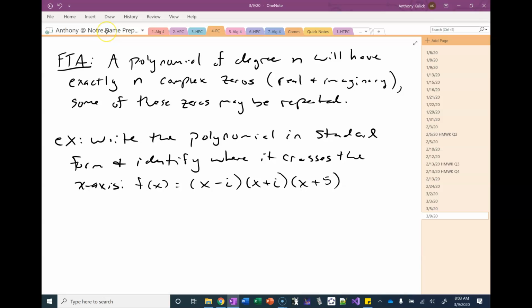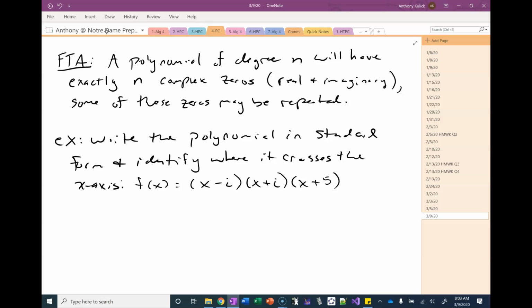Okay, so let's look at this example. Here we're going to be asked to write the polynomial in standard form and then to identify where it crosses the x-axis. So the first thing that I would want to do is multiply the pieces together that have the imaginary parts in them.